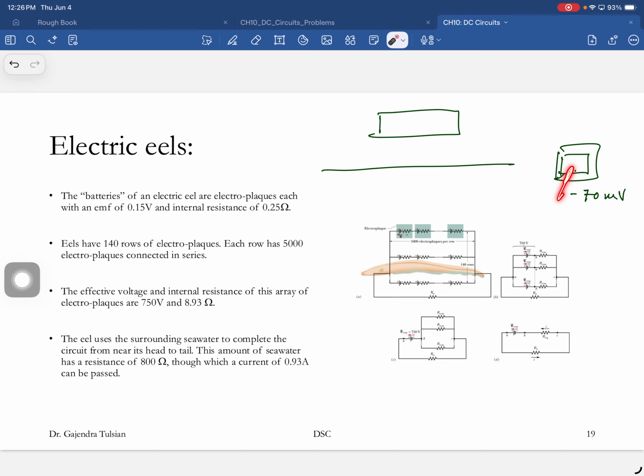Eels have this specialized cell called an electroplaque, and the EMF is 150 millivolts, so twice this voltage. So an electroplaque is a cell where the voltage is 150 millivolts.